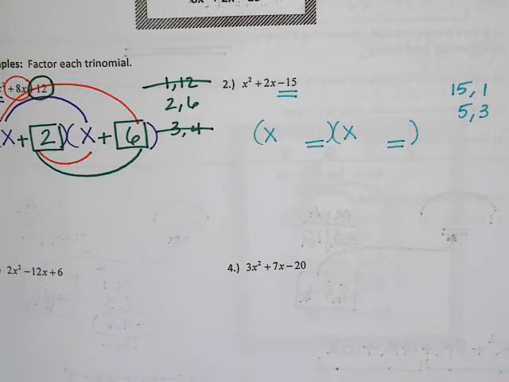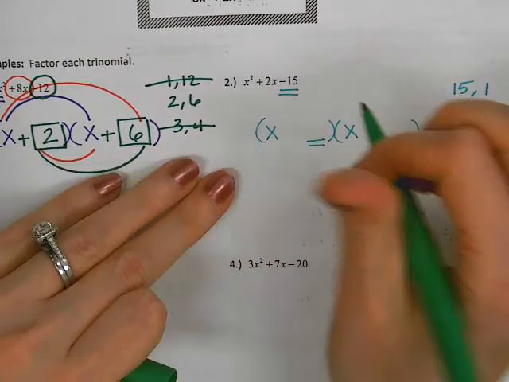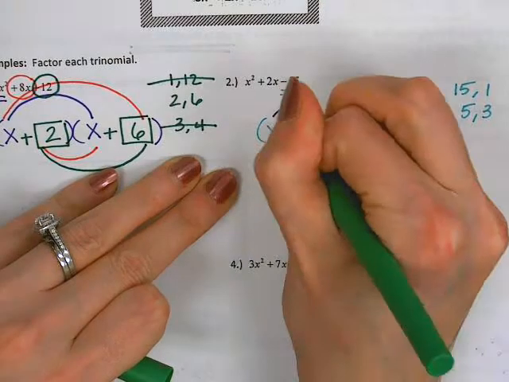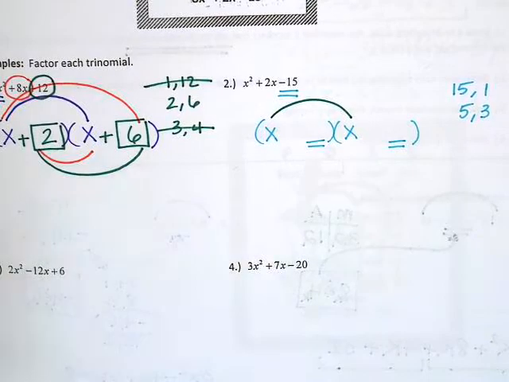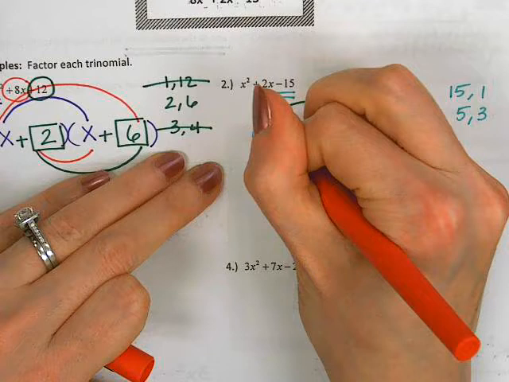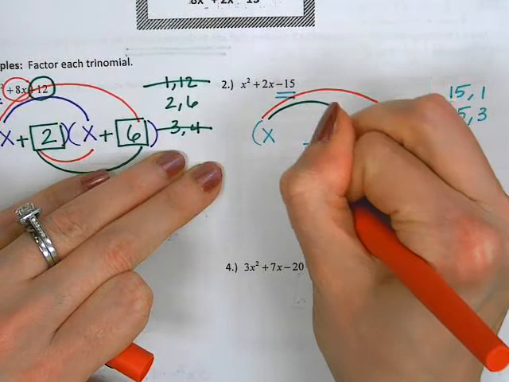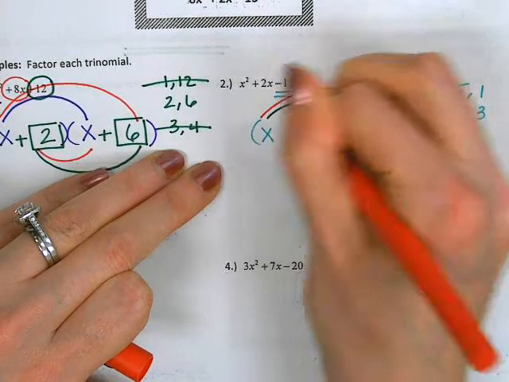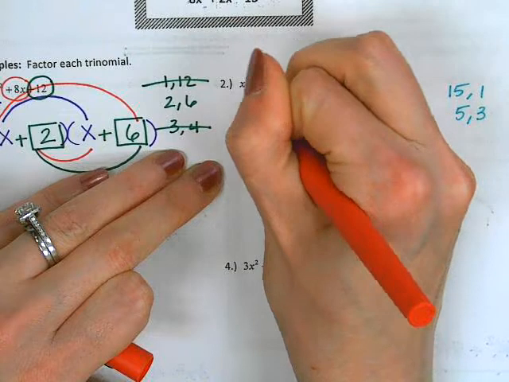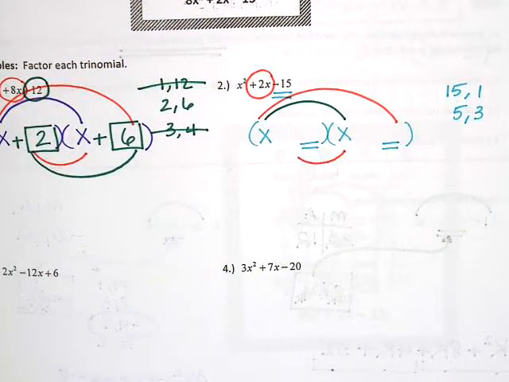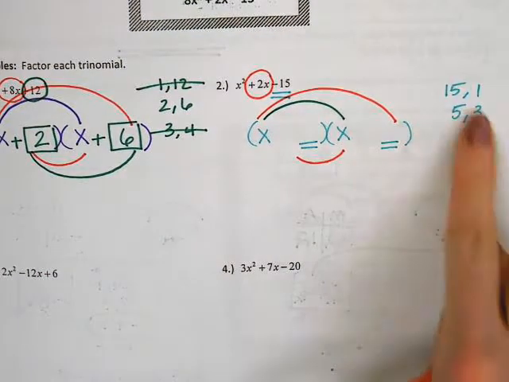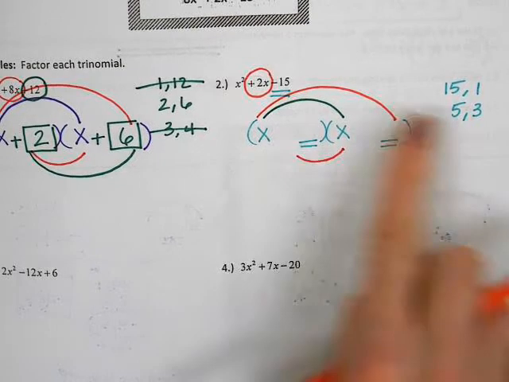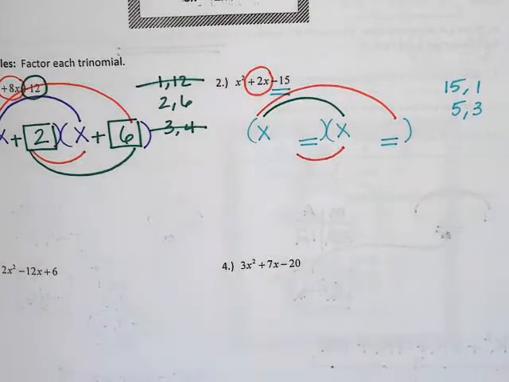Okay, now which one is it? Well, when you FOIL, we already got the x squared covered. We need the outers and the inners. They have to add to 2, meaning which of these numbers would it be so that they would add to 2?